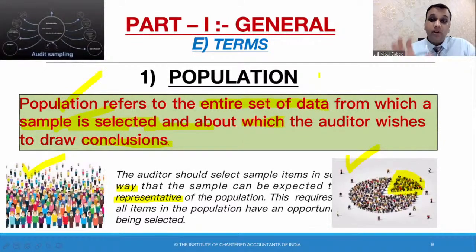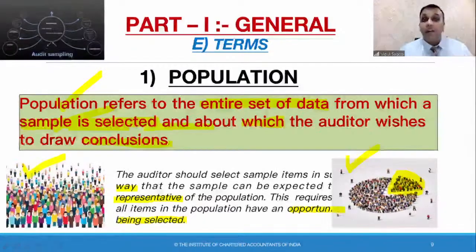So this requires all the items in the population have the opportunity of being selected. This is very important. So the population should be uniform. Uniformity in population is a prerequisite for sampling. If your population is not uniform or homogeneous, sampling will not give precise or accurate results. Uniformity or homogeneity means having the same characteristics.